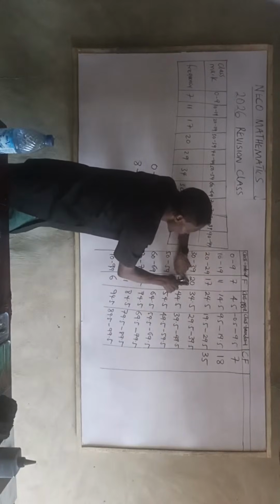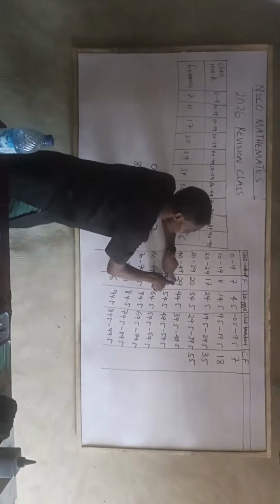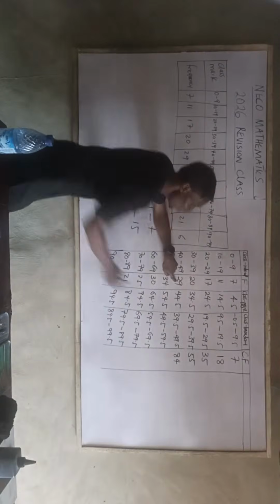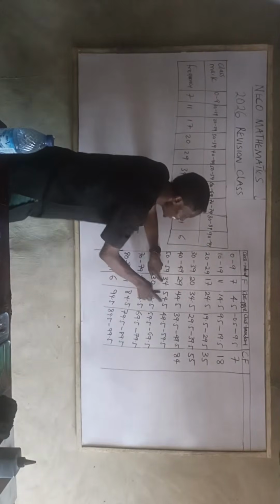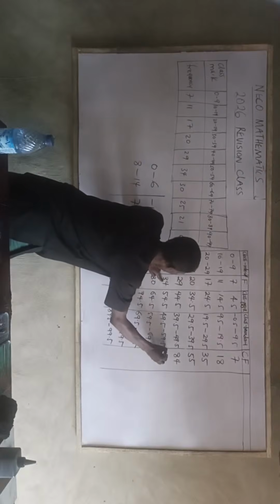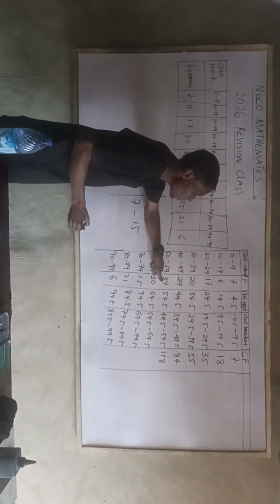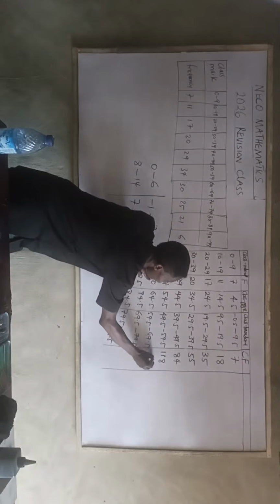You add the next frequency, that's 55. 55 plus 29, I've got it to be 84. 84 plus the next frequency, we've got it to be 118.